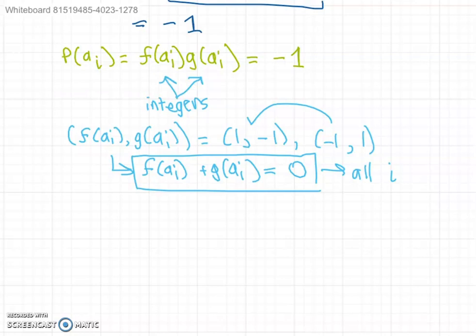and now I will construct a polynomial h of x, which is equal to f of x plus g of x. And this is to use the fact that f of ai plus g of ai equals 0 for all i.